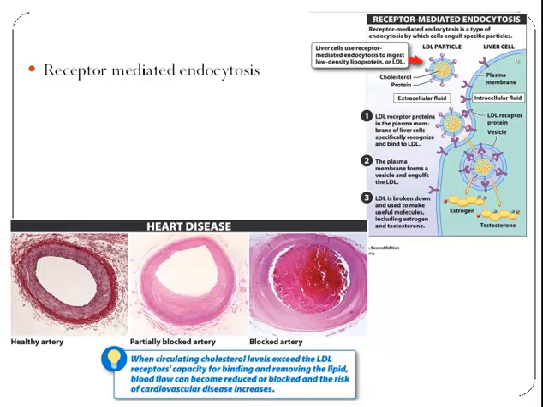There are receptors on your liver cells that will recognize and bind to these LDL particles and pull them in. And then it can get at the lipids inside of there and make things like estrogen and testosterone. The bad part of that is, if you have too much of that LDL circulating in your system, it can actually cause heart disease. So it can block arteries.